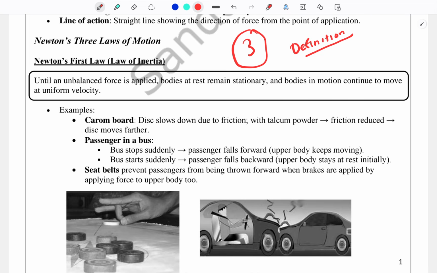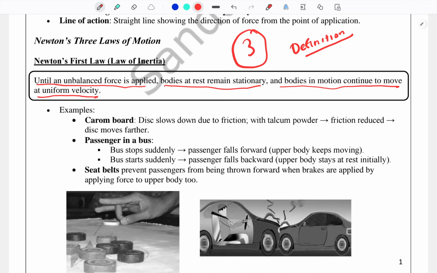In your textbook, the definition is given like this: until an unbalanced force is applied, bodies at rest remain stationary and bodies in motion continue to move at uniform velocity. From the first instance, you will feel it is confusing, right? What does this mean? There are unbalanced force, remain stationary, continue to move, quite different words.